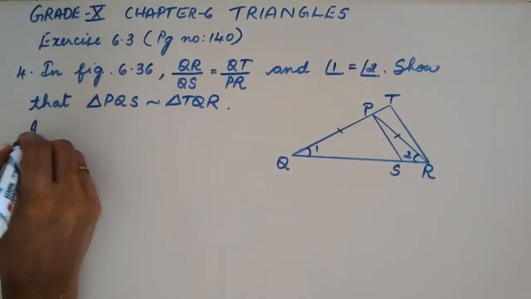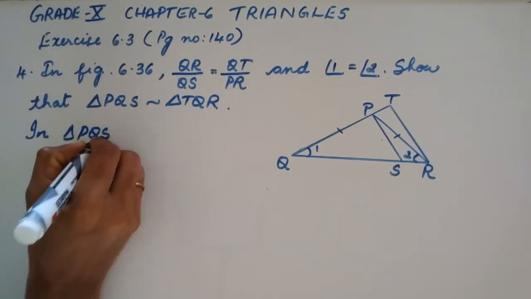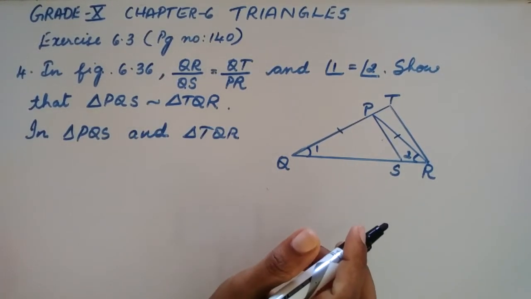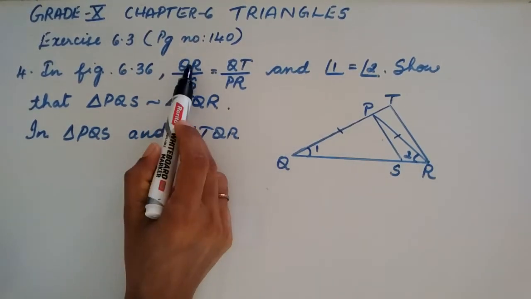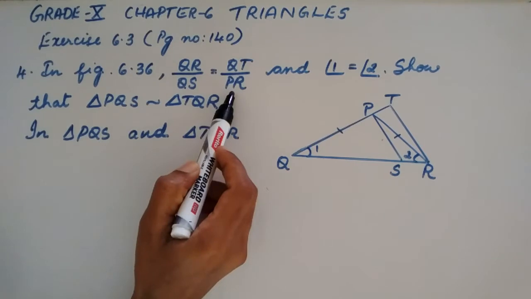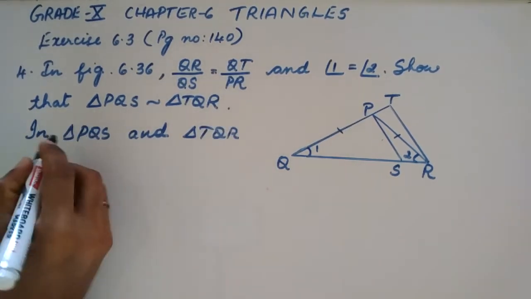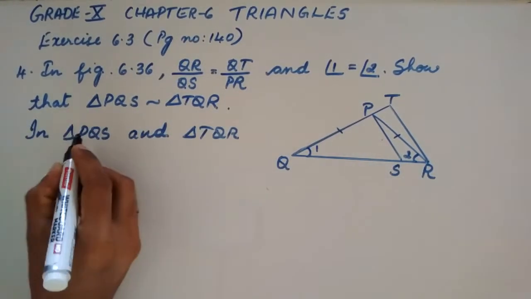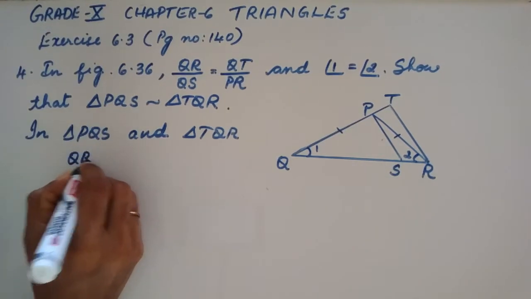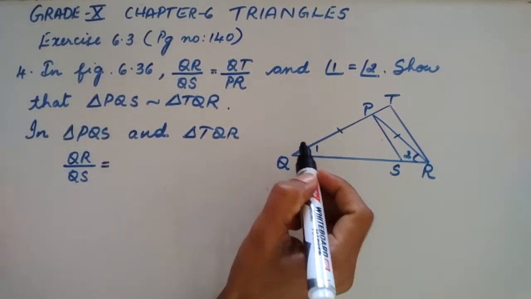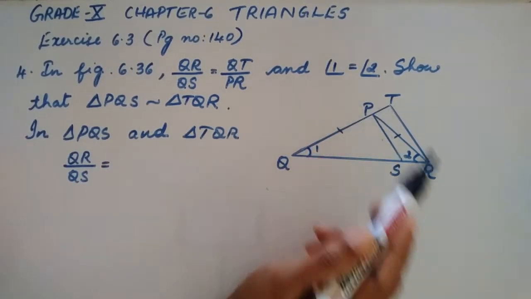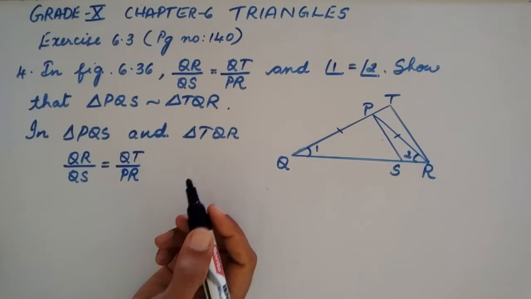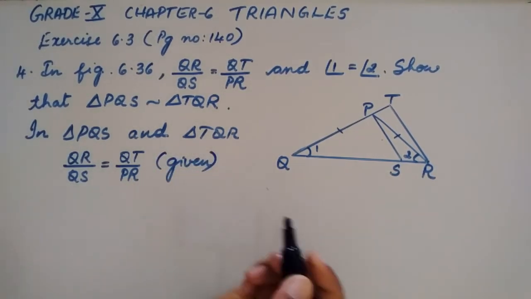So here write in triangle PQS and triangle TQR: QR by QS is equal to QT by PR. This is what is given.